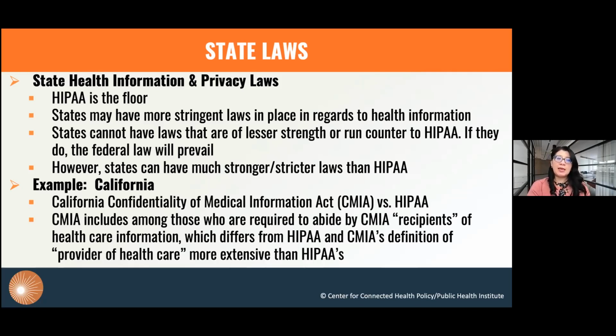Also, CMIA's definition of provider of healthcare is more extensive than what you see under HIPAA. So what you have here is a state law that requires more of you, or wider protections than HIPAA does. If you are providing services to patients in California, while HIPAA is your federal floor that you have to follow, keep in mind California has more stringent laws in place. And this could be the case in other states as well. So it's important for you to be familiar with HIPAA, but also with the laws and regulations in the state that you're going to be providing services into.